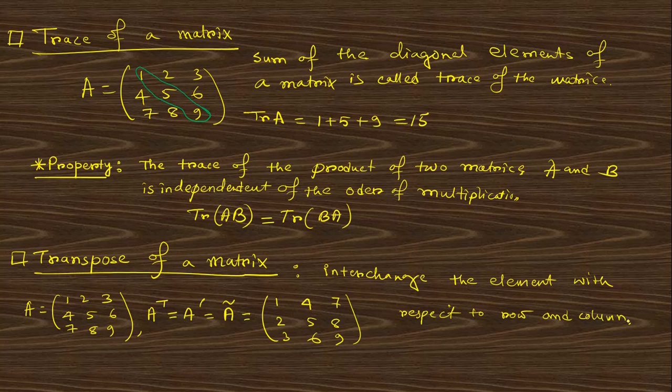Clear? So the transpose of a matrix is nothing but the interchange of the row and column. Now the point is symmetry and skew symmetry.